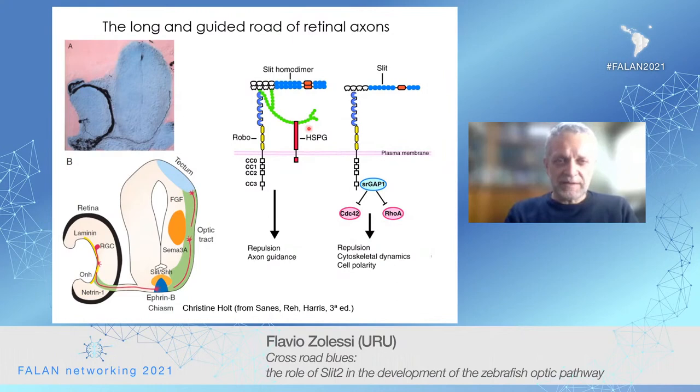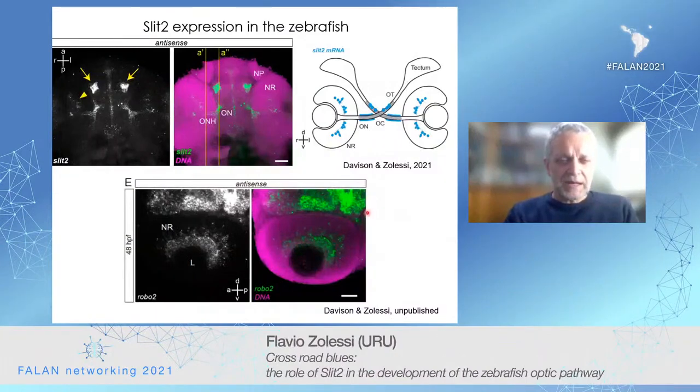Hence, we were interested in looking at SLIT signaling in the retinal ganglion cell axon growth in the zebrafish. Camila looked first at the expression of these more important genes, and particularly we were looking at SLIT2 and ROBO2, thinking that SLIT2 would be a good candidate for being a signal for axon guidance at the level of the optic chiasm.